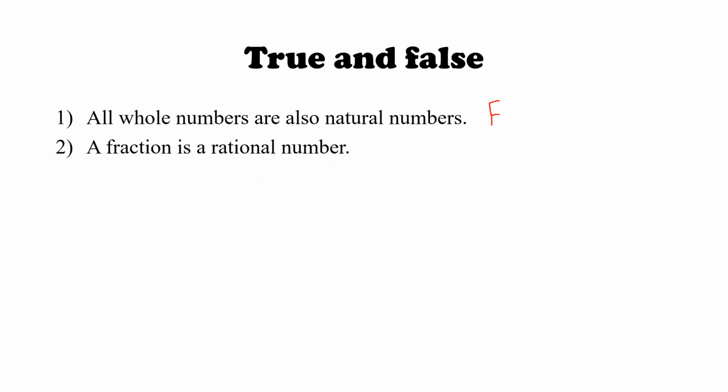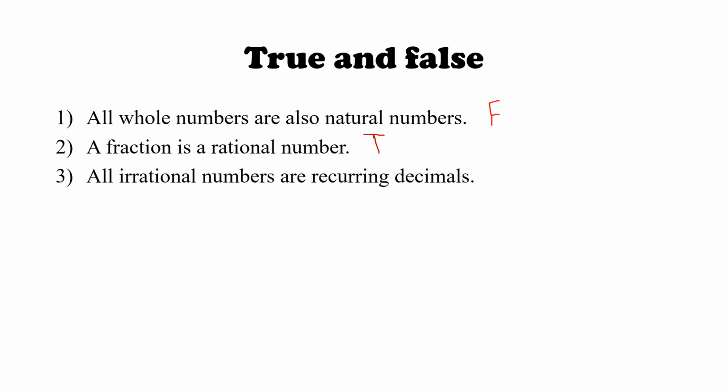Let's go. What does the second one have for us? A fraction is a rational number, and I think this one is a walk in the park. Yes, this is true. A fraction is indeed a rational number, because rational numbers are basically fractions. Good. Let's go. All irrational numbers are recurring decimals, and believe it or not, this is also true. Because remember, an irrational number cannot terminate, and a recurring number is a number that goes on forever.